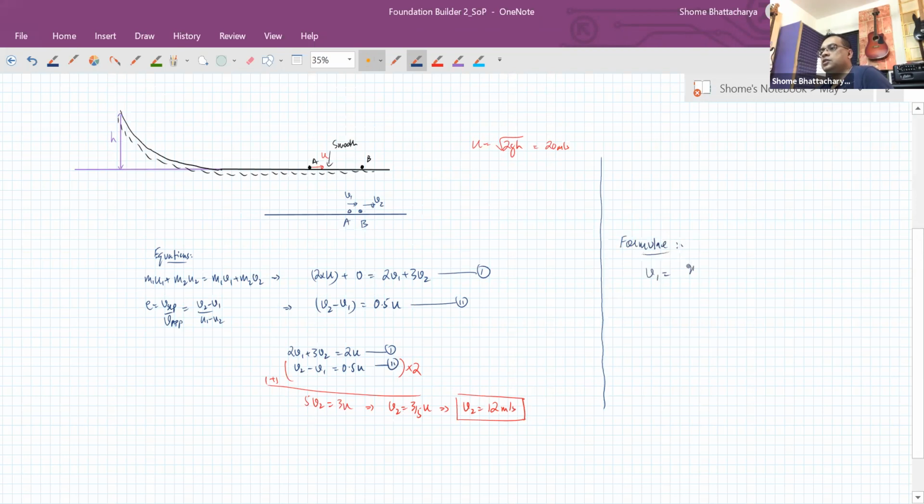So V1 is (M1 minus E M2) upon (M1 plus M2) into U1, plus (1 plus E) into M2 upon (M1 plus M2) into U2. So if you remember this formula, then all the better. But you have to just make sure that you don't make a mistake while applying the formula. That's also equally important.